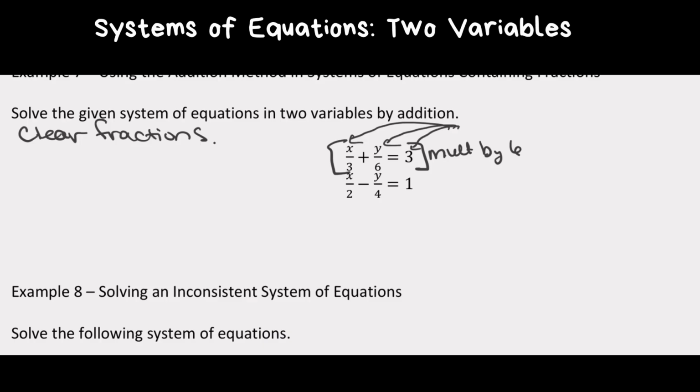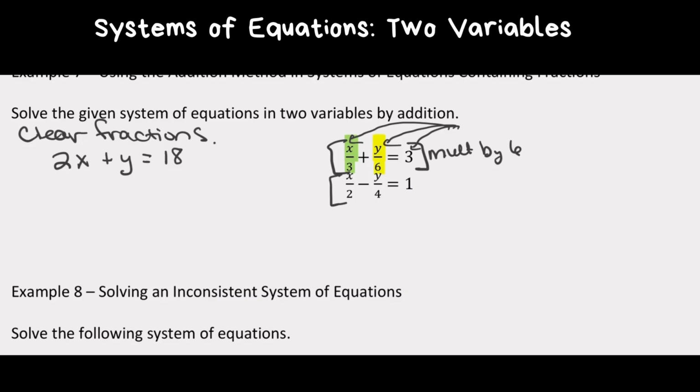Like this first fraction will become 6x over 3, which simplifies to 2x. This one will become 6y over 6, which simplifies to just y. And on the other side of the equal sign, we'll have an 18. Okay, let's go to the bottom one.